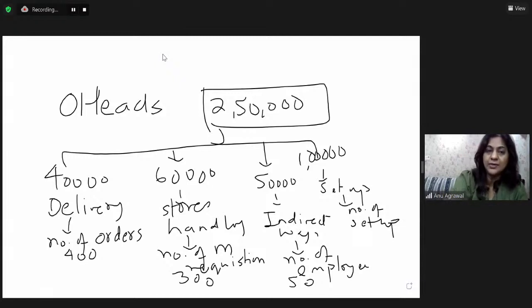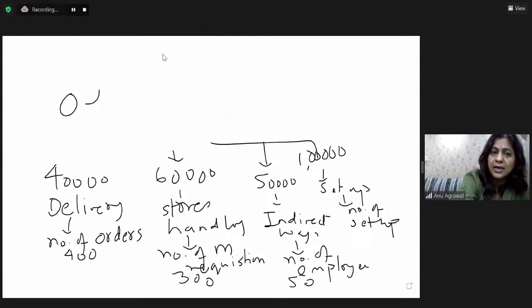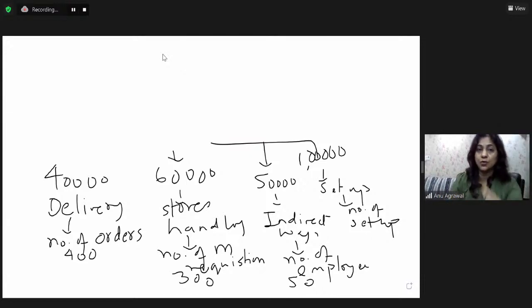So once we have done this, what do we do? We say, let us find out, instead of finding out one overhead rate, which we were doing earlier, okay, 250,000 divided by number of hours, and we got 6. Let us say, for example, our overhead recovery rate was 6.